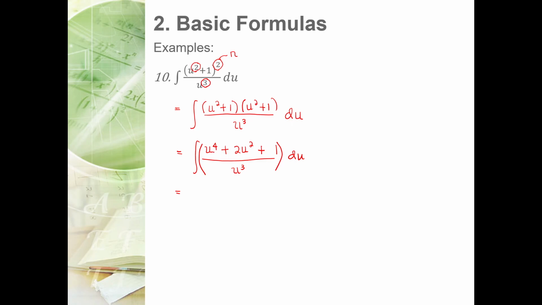Okay, so in basic algebra property, we can separate it into 3 terms. So you have integral of u to the power of 4 over u cubed du, plus 2 integral of u squared over u cubed du, plus integral of 1 du all over u cubed.